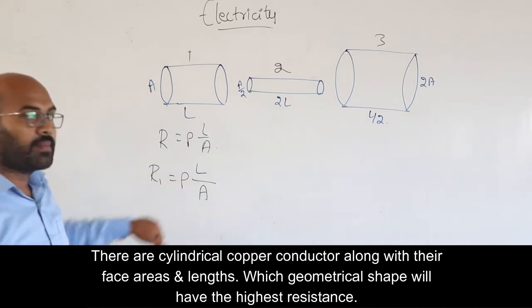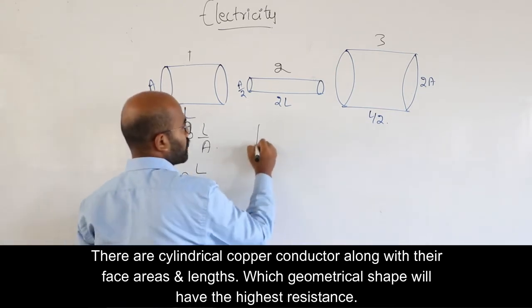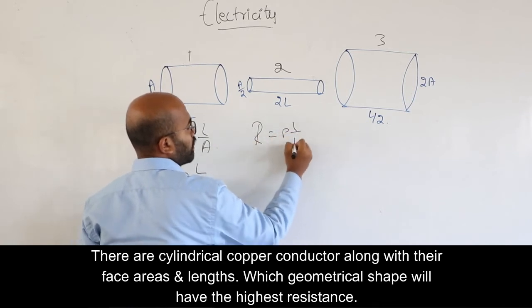So R1 is rho L by A. Next, R is equal to rho L by A.